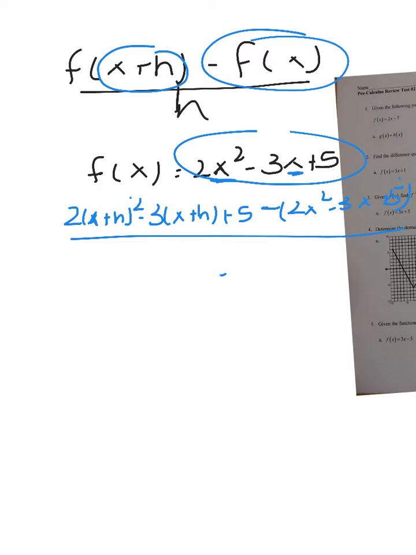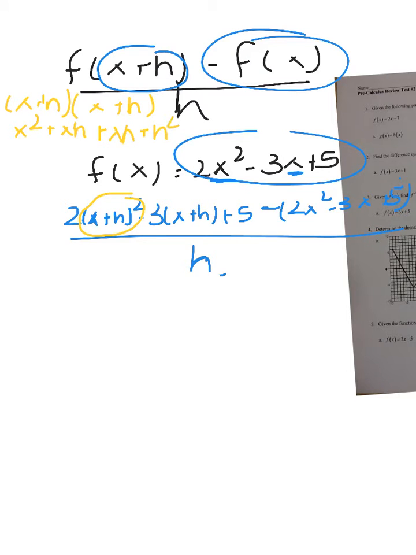All right, so now the first thing we need to take care of is this piece right here, the x plus h squared. So if you need to do it on the side, do it on the side. X plus h times x plus h. So that's x squared plus xh plus xh plus h squared.